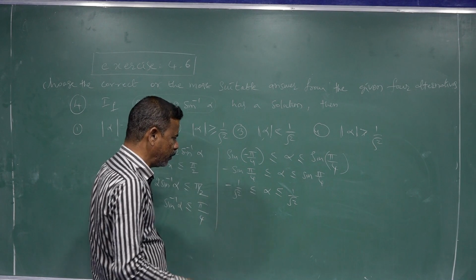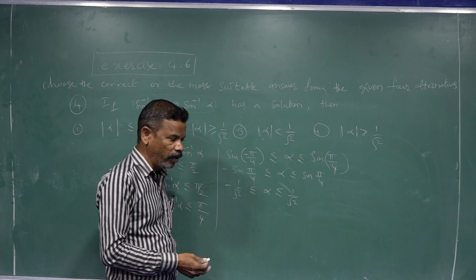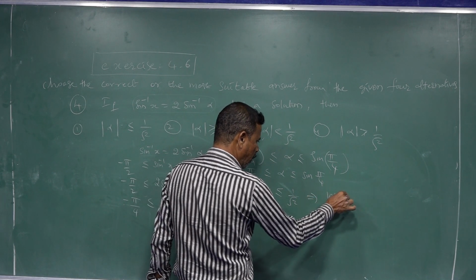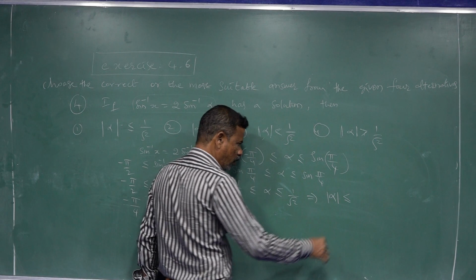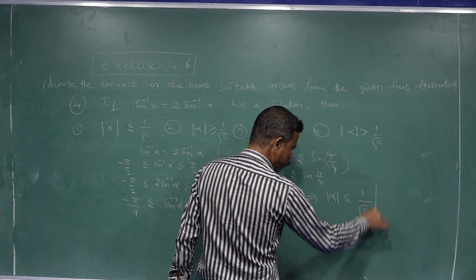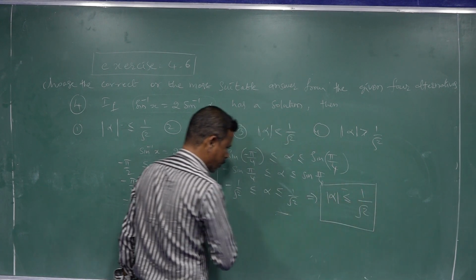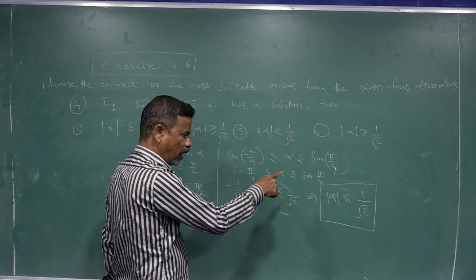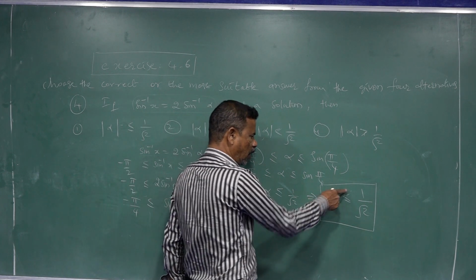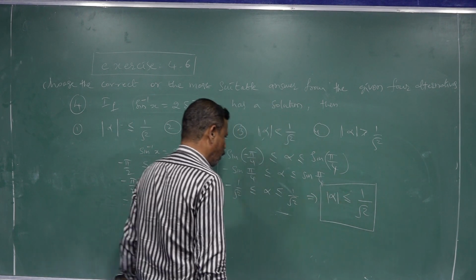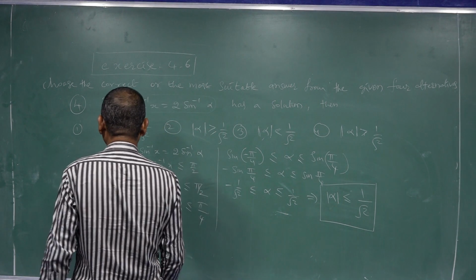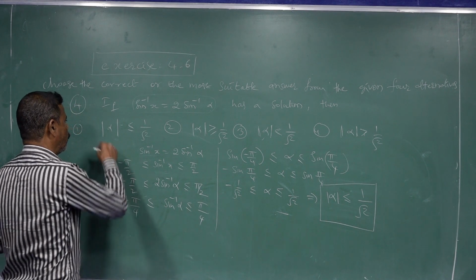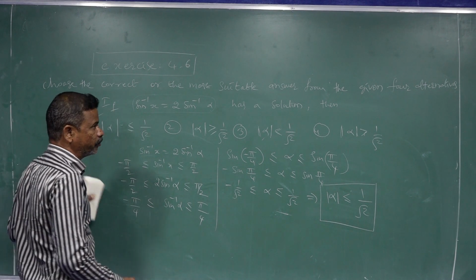That in terms of modulus means modulus of alpha is less than or equal to 1 by root 2. So the first option is the right answer.